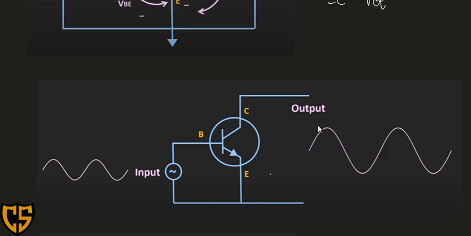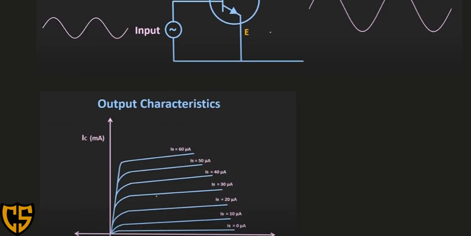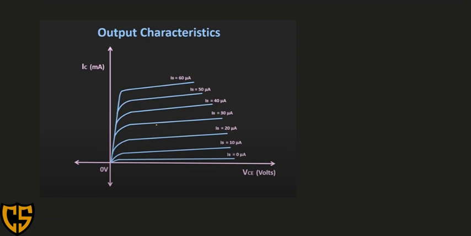But it does not guarantee that we achieve the output we want for our input signal. So the desired output will depend on how we treat or bias our transistor, or on the operating point we set for our transistor. So this will be better explained if we look at the output characteristic of our transistor.